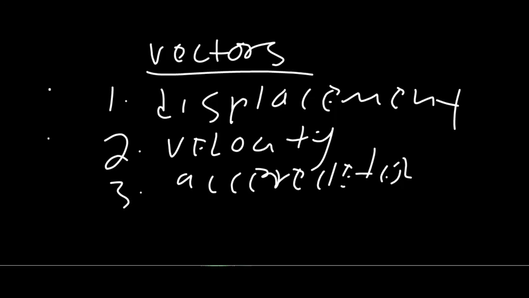Displacement is just a distance that has direction. Distance is different from displacement. Distance has only size, not direction. That means distance can only be a positive value, but displacement can be negative because it has direction, and direction can be determined using the signs, negative or positive.